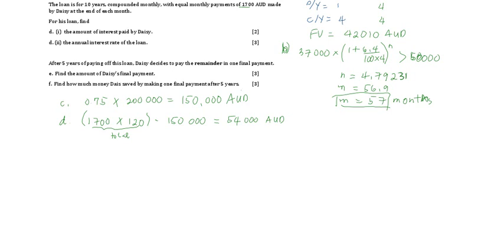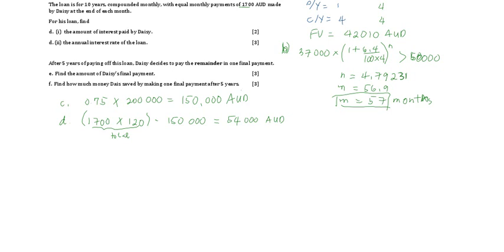Okay, so letter E. After 5 years of paying off his loan, Daisy decides to pay the remainder in one final payment. You must consider that in a mortgage and annuity, the interest is bigger in the beginning. It is slightly decreasing until you have paid off the loan.